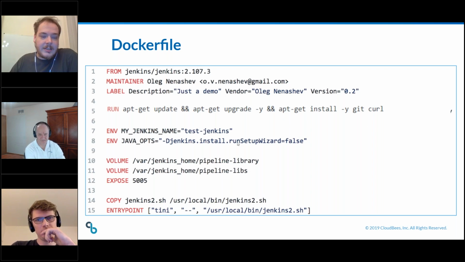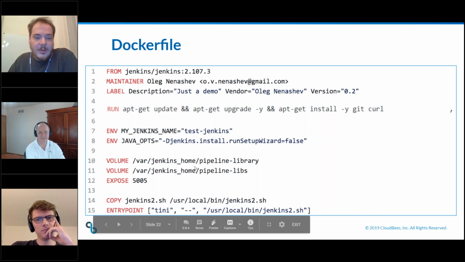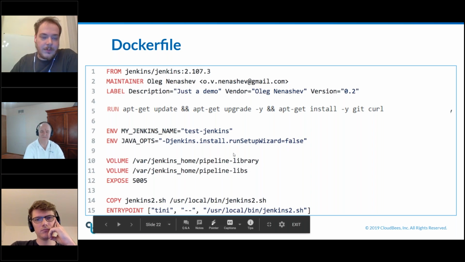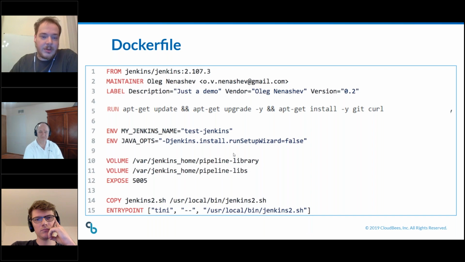We can set up Java options in order to skip the setup wizard, because obviously we don't want to have a setup wizard in configuration as code. And then we have some additional volumes being defined, which will be consumed later. So if you start using Docker, it's probably one of the first steps you're going to achieve.